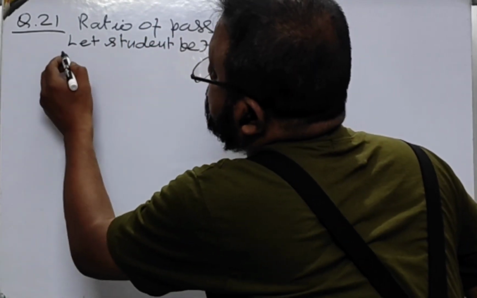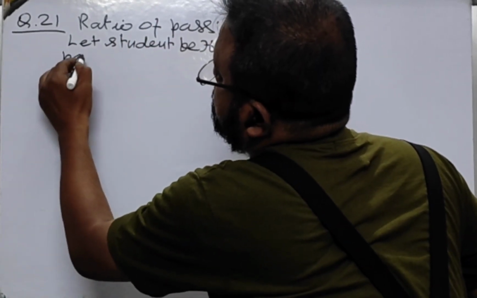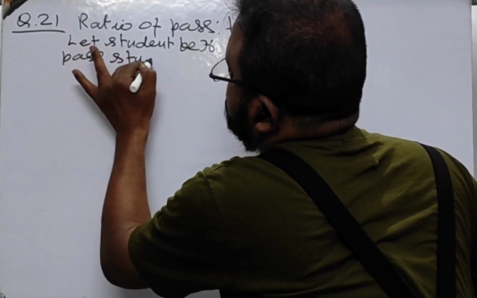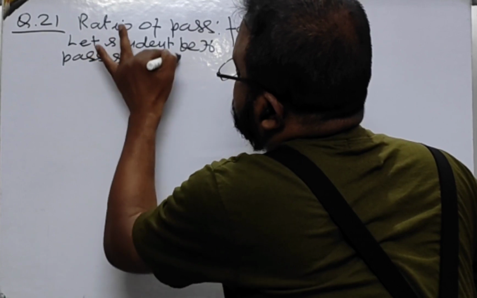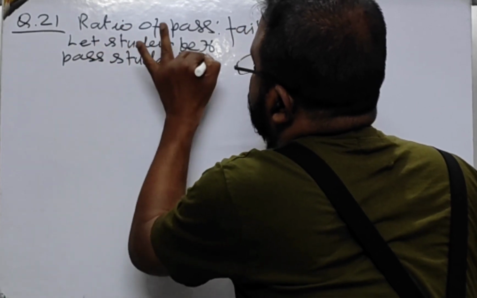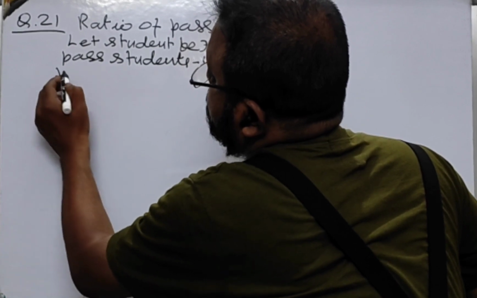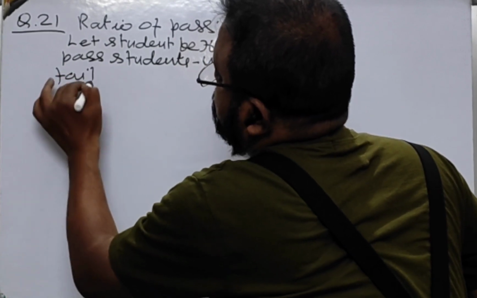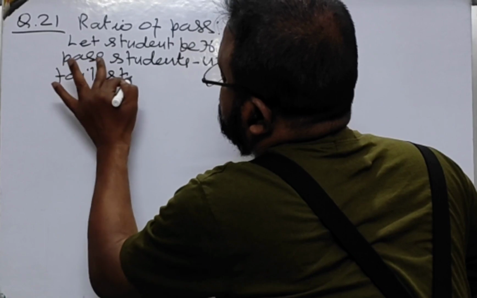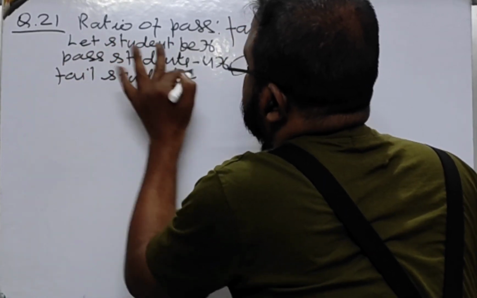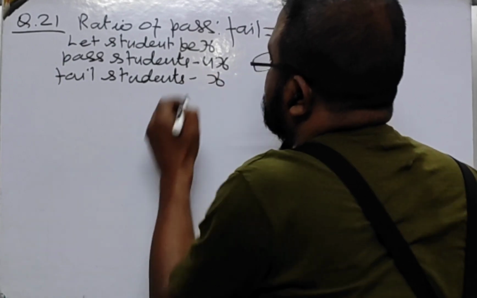So passed students is equal to 4x, and failed students is x. Right?